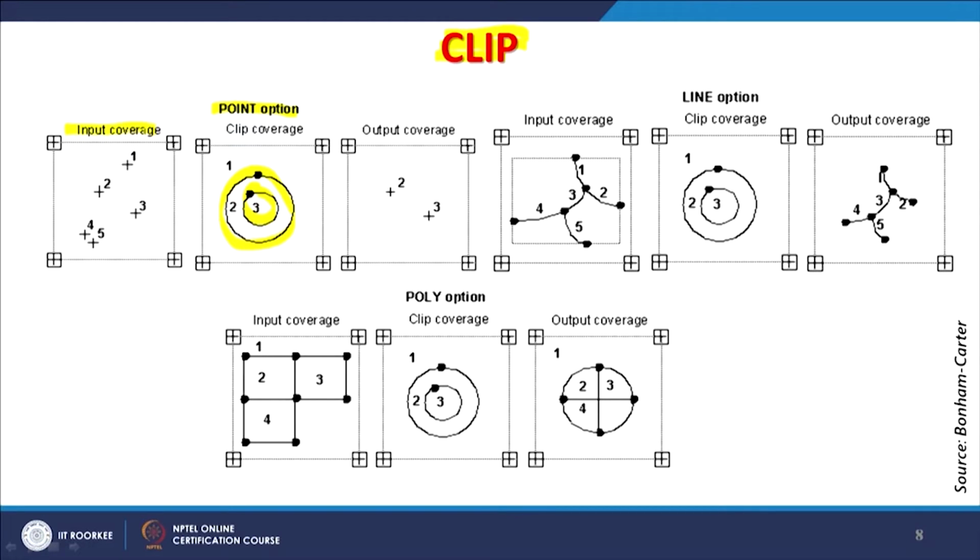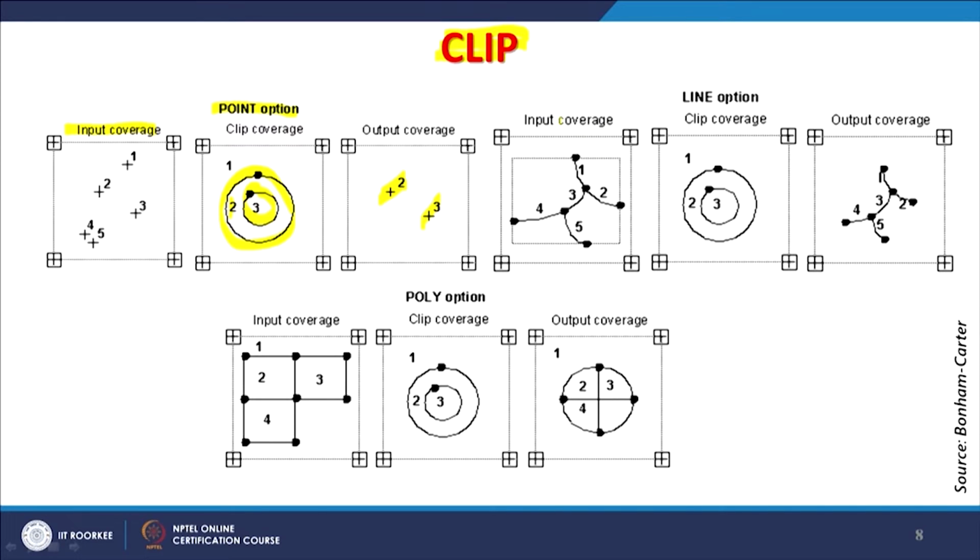When I overlay these two, I get only a selection of these 2 points. That means I am basically clipping or extracting only those points which are falling below these 2 circles, like point 2 and 3, which are falling within these 2 circles.